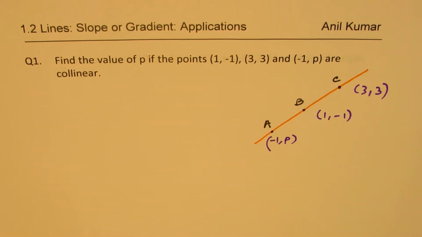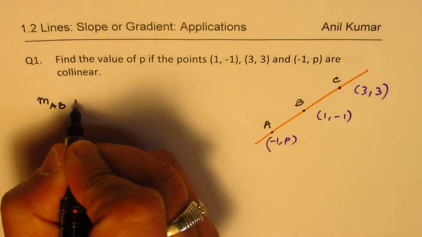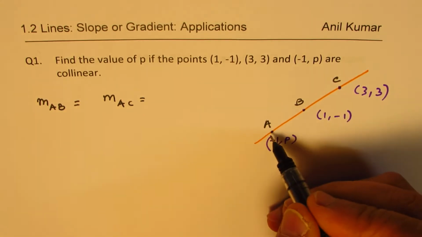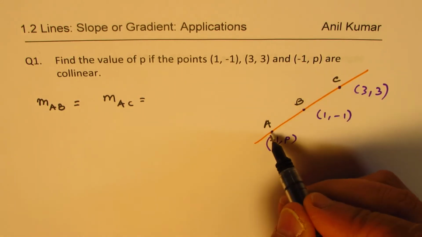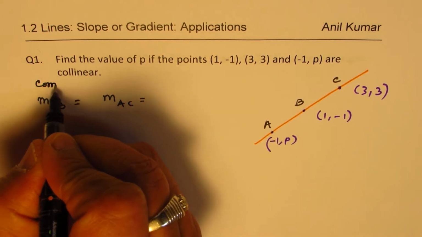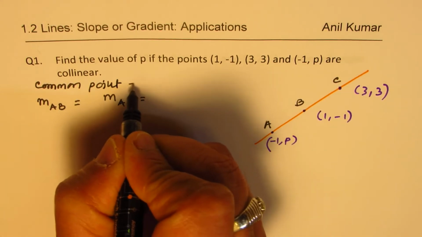So if I have to say that they are collinear, that means what? That basically means that the slope from A to B should be equal to the slope from A to C. So if the two slopes are the same from a given point, so what we are taking here is a common point plus slope.